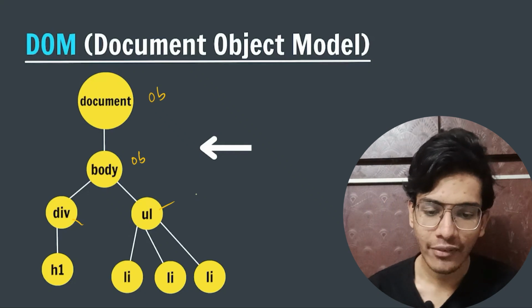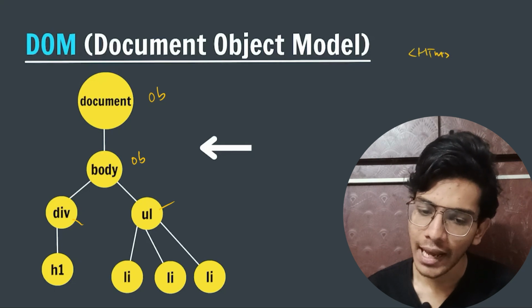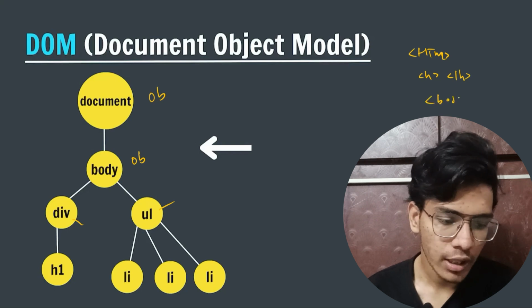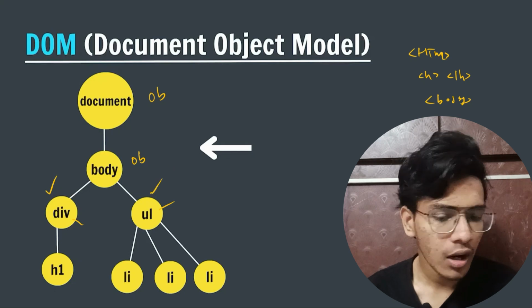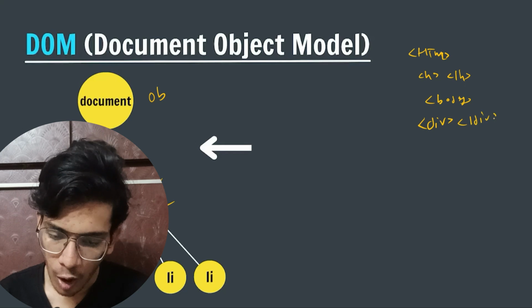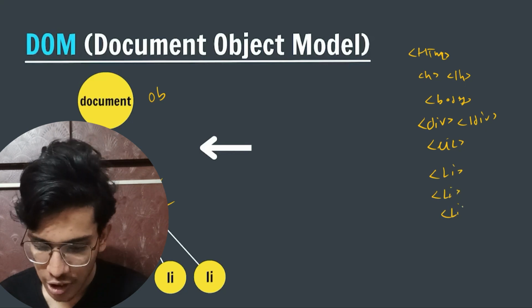So here we will be having general HTML, and let's say I'm having some head tag. After the head tag I will be having my body, and inside the body what are we having? Direct children: a div and an unordered list. So closing div, and inside the unordered list I am having three list items: one list, second list, third list, closing ul.